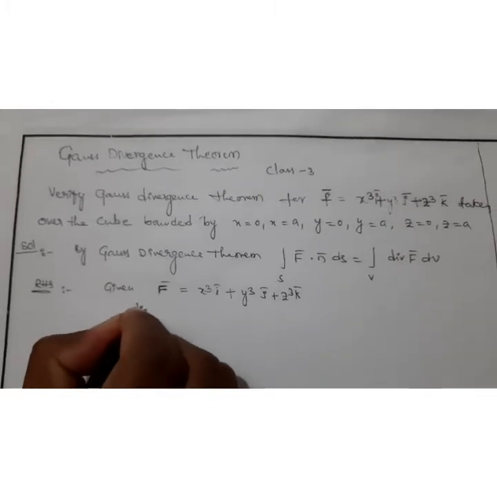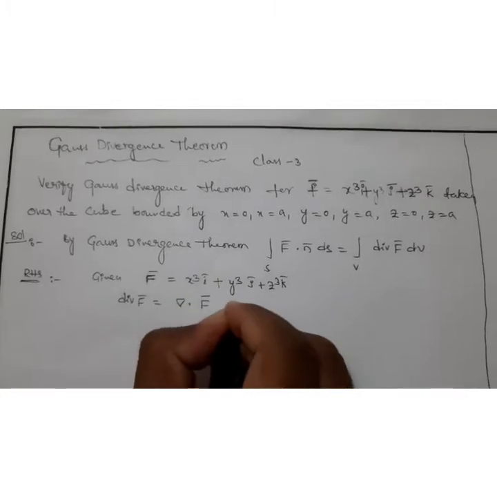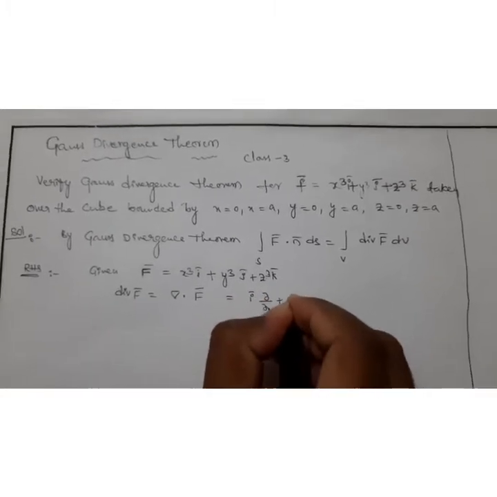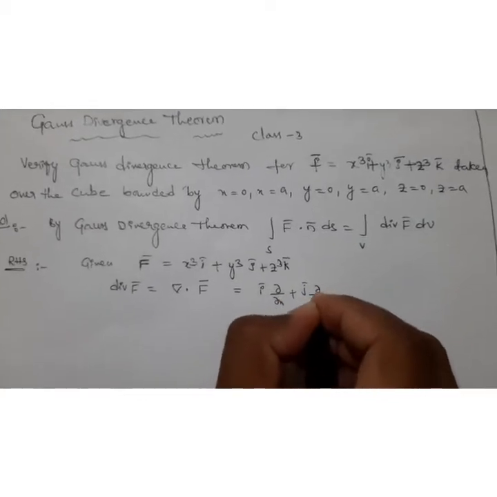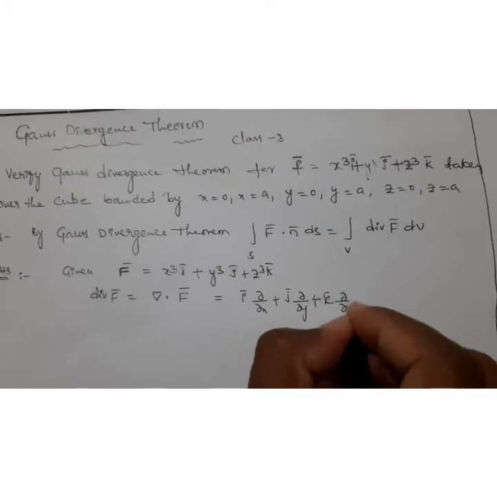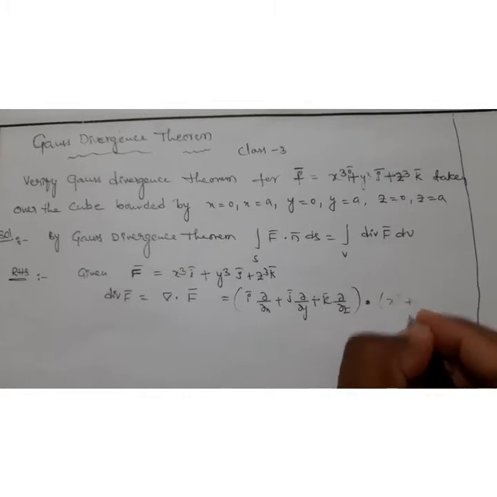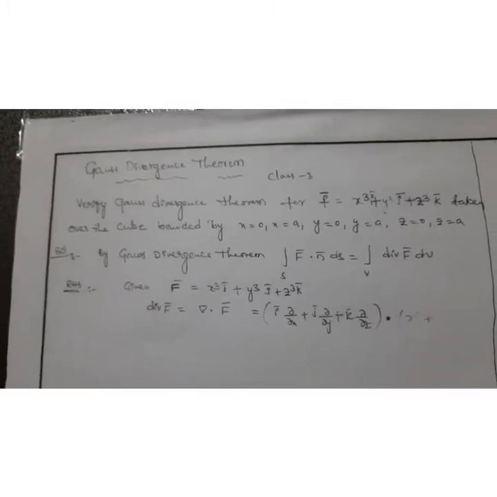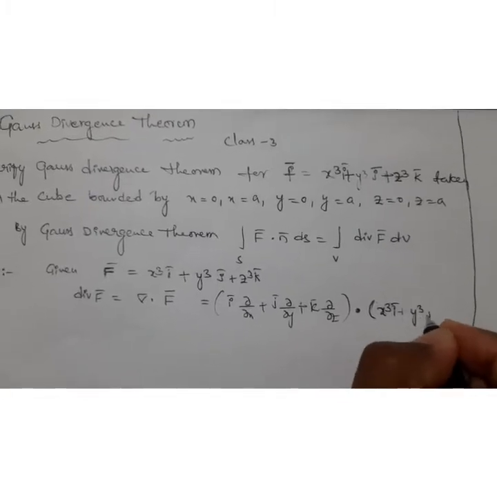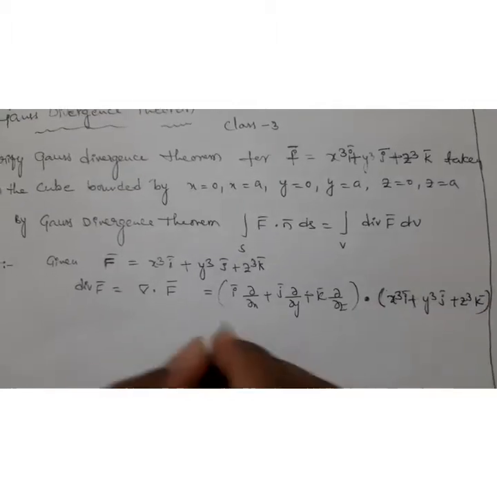Divergence of F bar is equal to del dot F bar, where del is i bar into dou by dou x plus j bar into dou by dou y plus k bar into dou by dou z, dotted with x cube i bar plus y cube j bar plus z cube k bar.